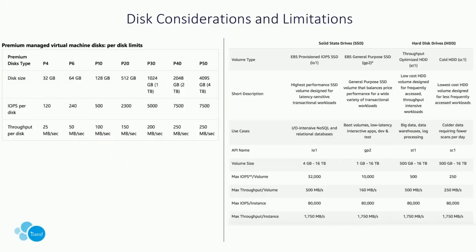You can add disks to your instance sizes that you've chosen, but there are limitations around that. So on the left, I've got a screenshot of Azure, albeit a little bit out of date, and an AWS screenshot on the right of the various disk sizes. Now, the most important thing here is that there are set disk sizes.